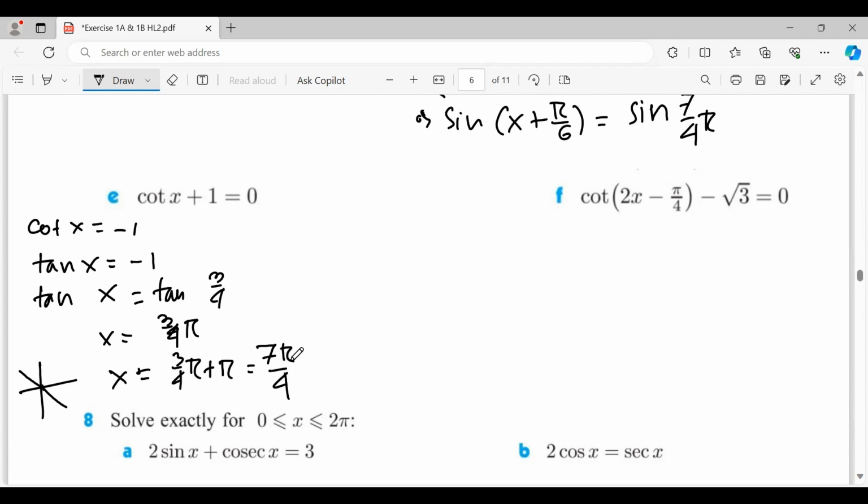And next, F. Cotangent of 2x minus pi/4 equals positive √3.